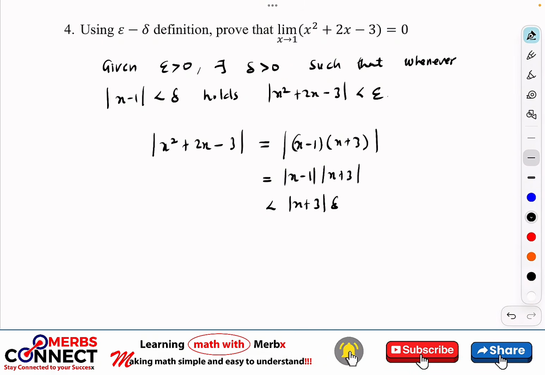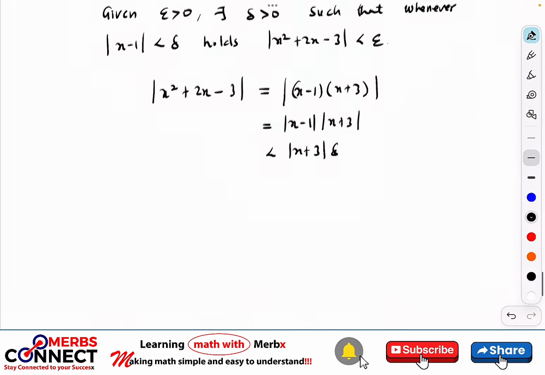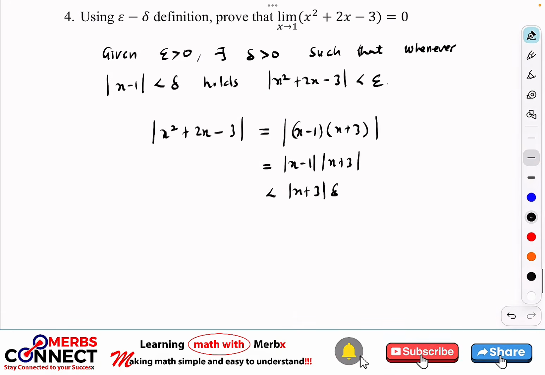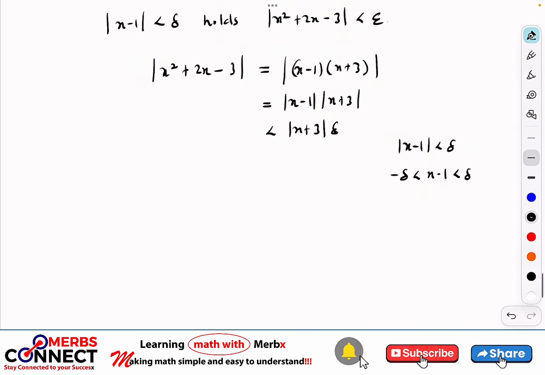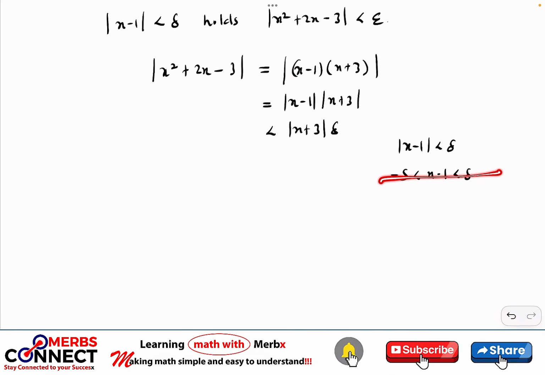So I'm going to use the other approach, right? I'm going to pick the absolute value of x minus 1 less than delta. Then this is the same as minus delta less than x minus 1 less than delta. Then I'm going to add plus 1 throughout.